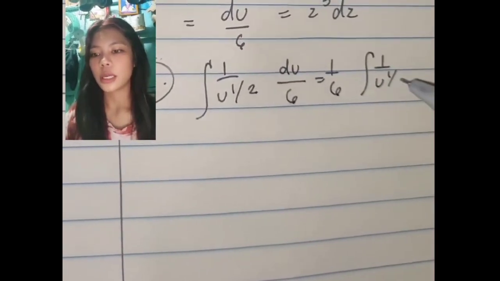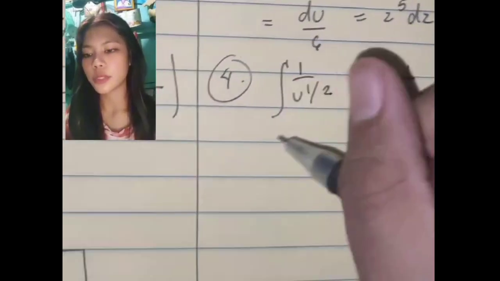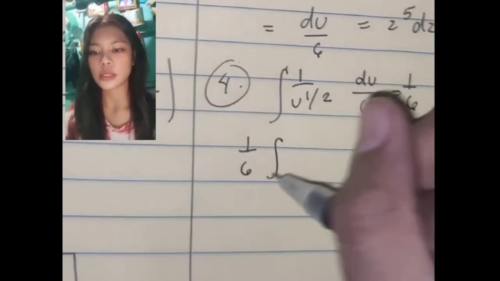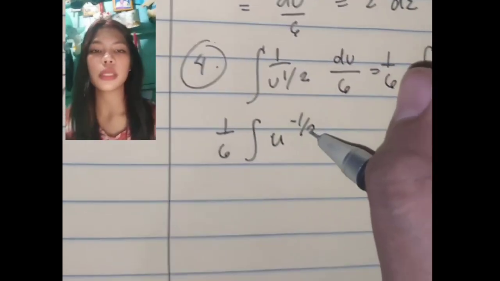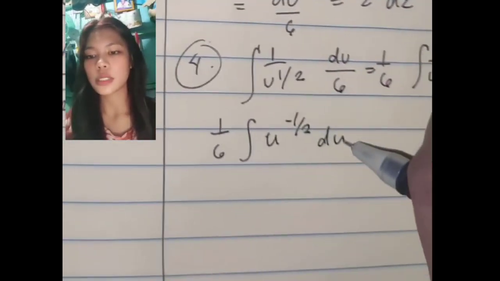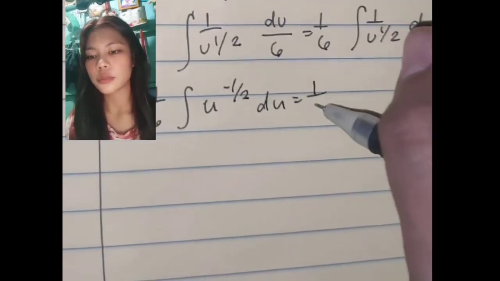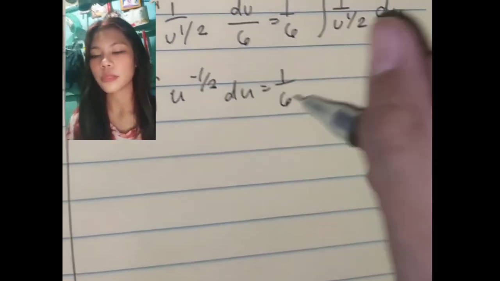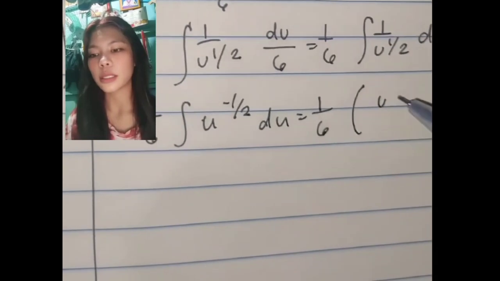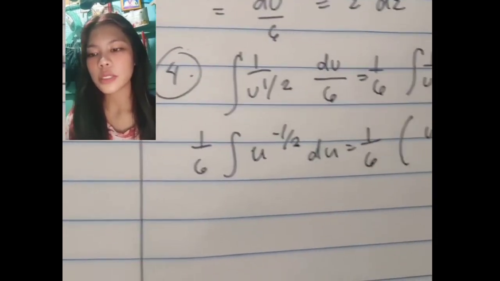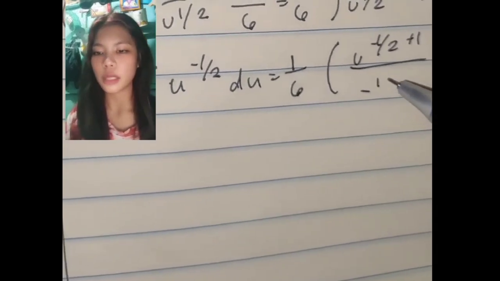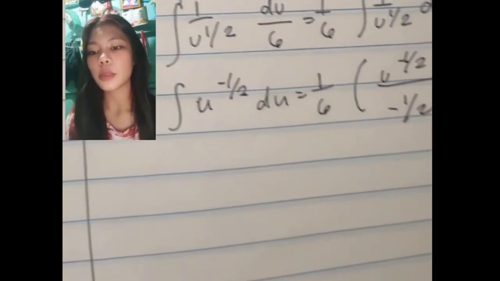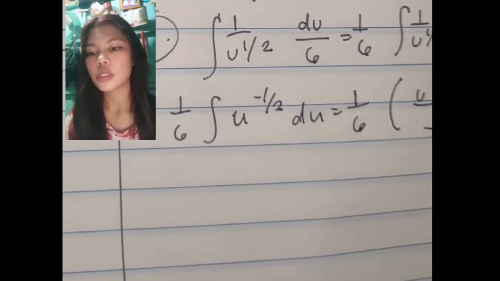So that's why it will become the integral of 1 over u raised to 1/2, du over 6. Since 1 over 6 is a constant, we can just pull it out of the integral. So 1 over 6, the integral of 1 over u raised to 1/2 du. Then we will reciprocate the 1/2, and it will become negative. So 1 over 6, the integral of u raised to negative 1/2 du, is equal to, just copy the 1 over 6, then u raised to negative 1/2 plus 1.